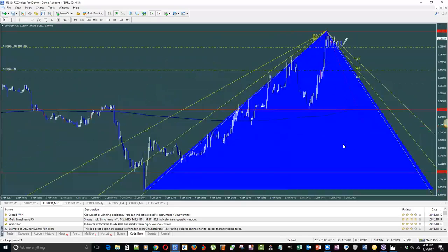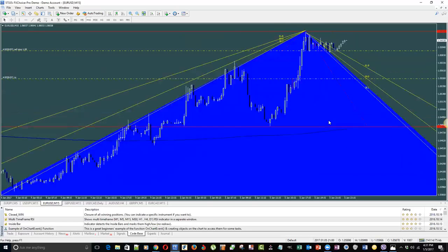Now, this is the second target. This is what we're going to do. So we're going to wait for that thing to actually go down to this area. Now, some people may place a second target and get back into the trade, to take it upwards, expecting it to go upwards after the trade actually reaches their target.